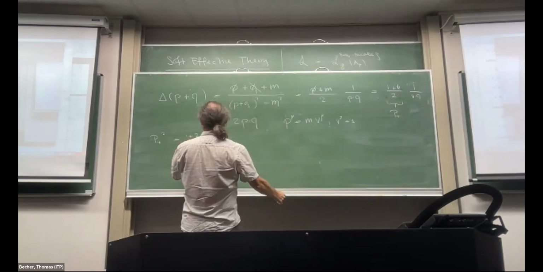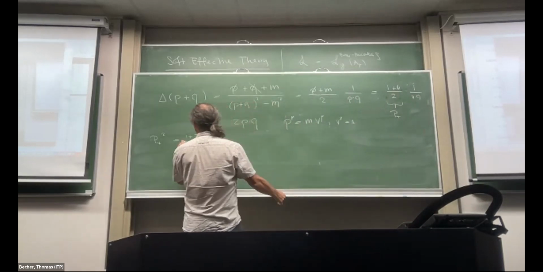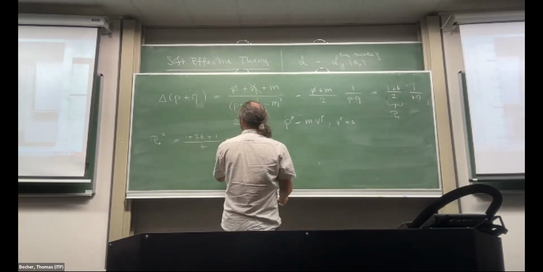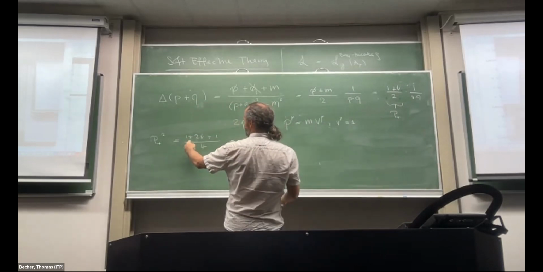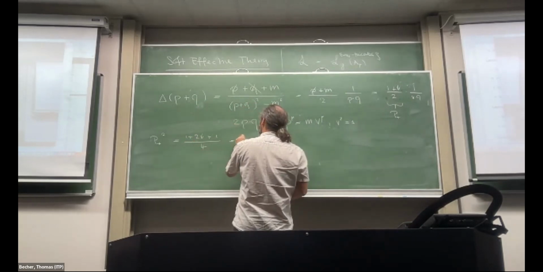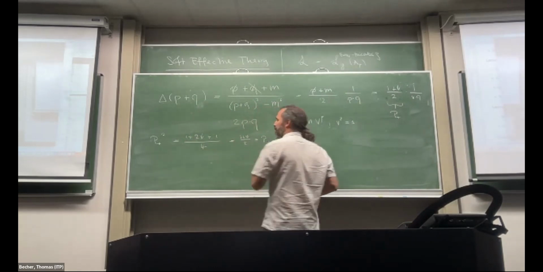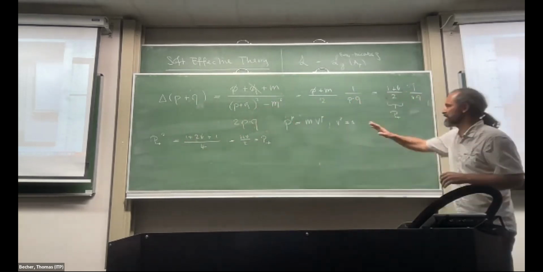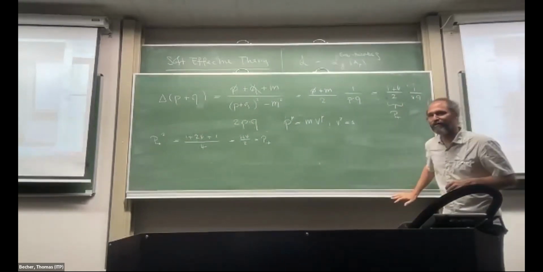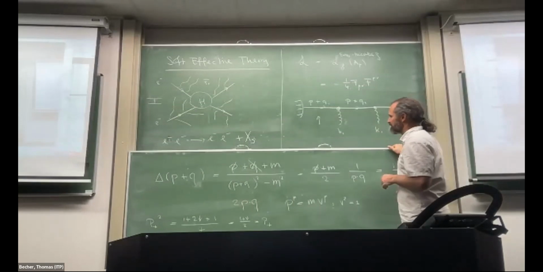So I get 1 plus 2 V slash plus 1 divided by 4. So that is 2 plus 2 V slash over 4. So that is 1 plus V slash over 2. So it's a projector. If you have several of these, they boil down to a single one.